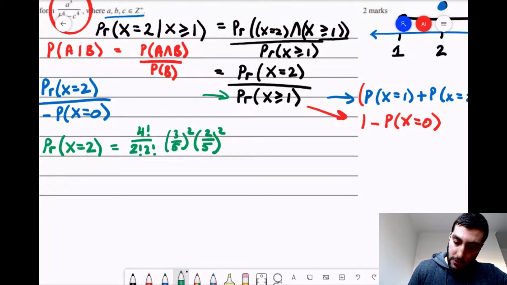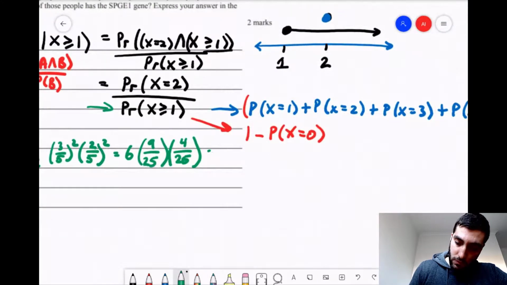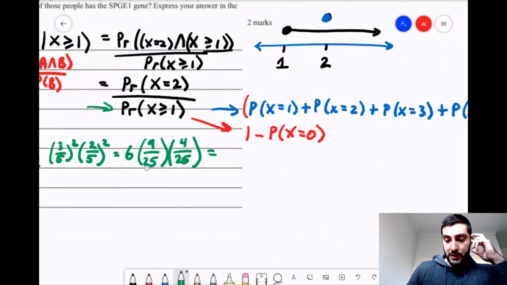So we're going to have 6 times 3 squared is 9 over 5 squared is 25. Then we're going to have 2 times 2 is 4, 5 times 5, 25 again. Great, so one more step to bring everything together. Denominator is 25 times 25. Like the previous question, that's going to give us 625 in the denominator.